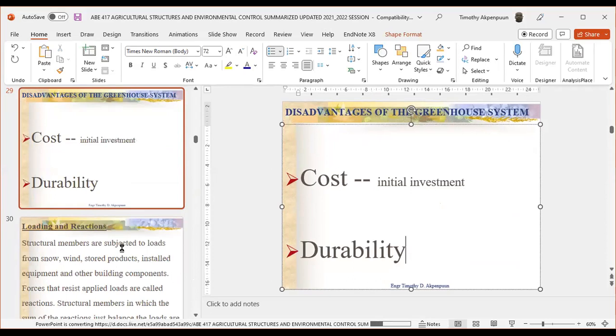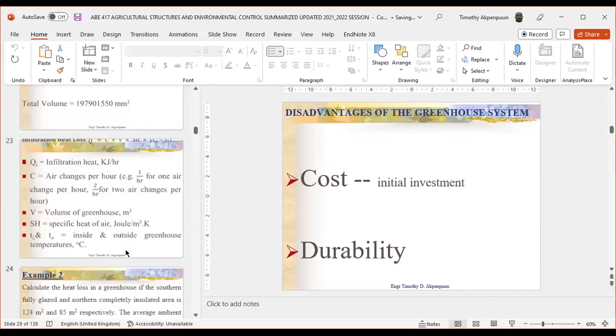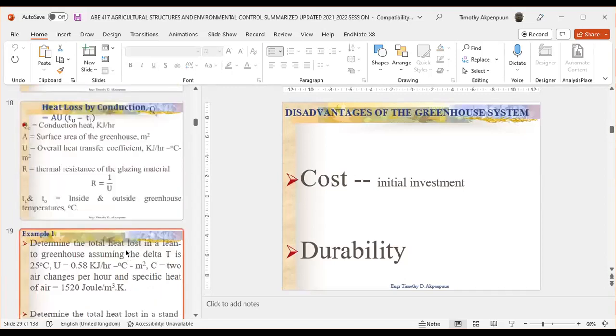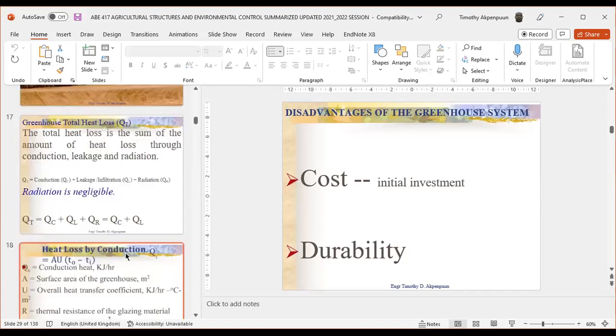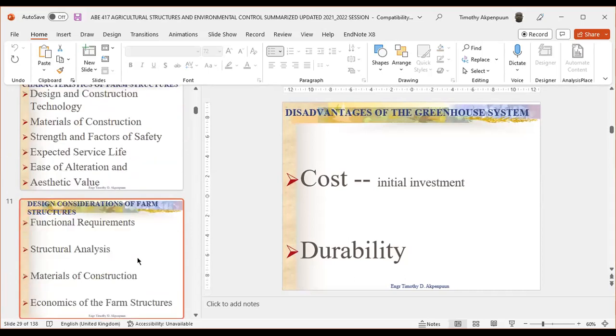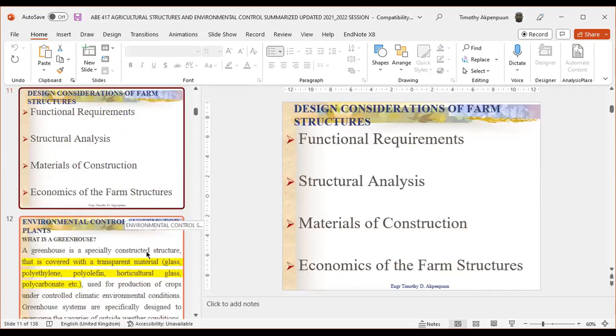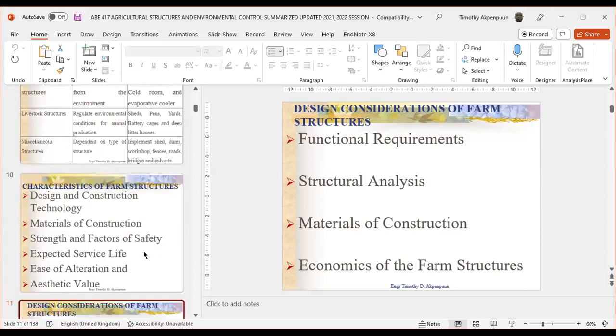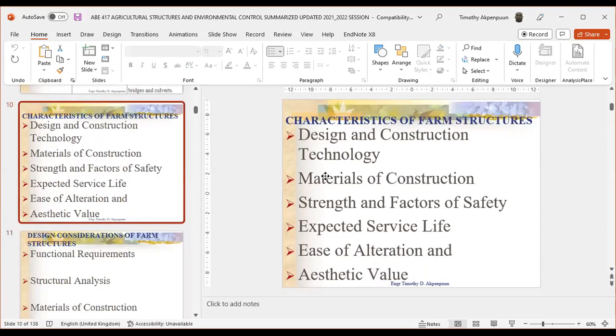factors considered in farm structures design. Let's look at it. Good. Let's look at this. Design considerations of farm structures. Very good.